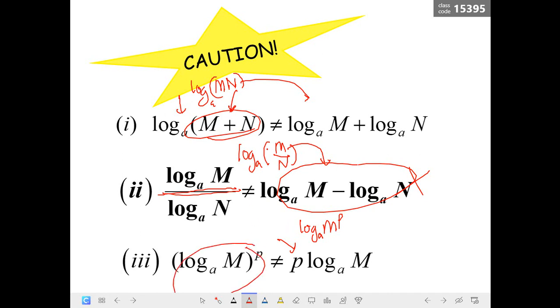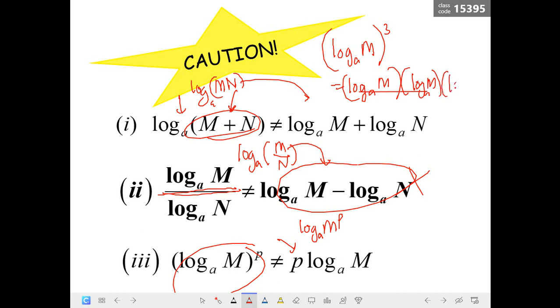In this case, for example, log m base a to the power 3, cubed, is equal to log m base a times log m base a times log m base a. But when it is log of m cubed, you bring 3 to the front: 3 log m base a. So you can see the difference between the two terms.